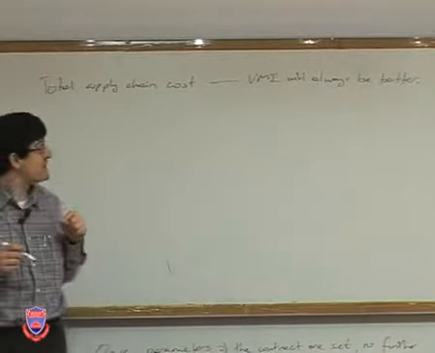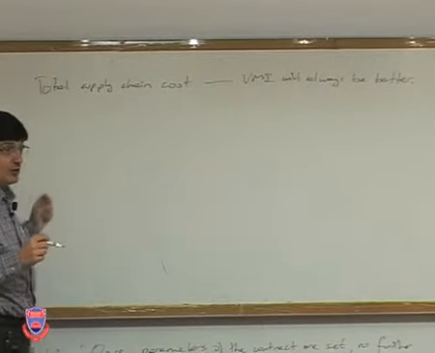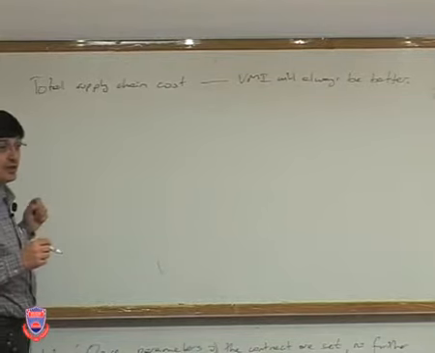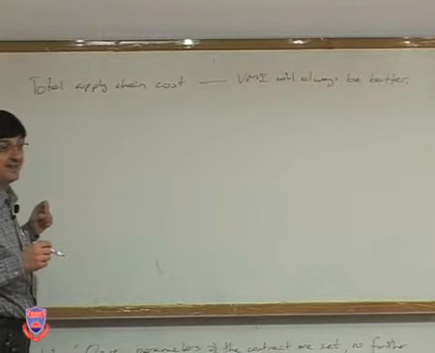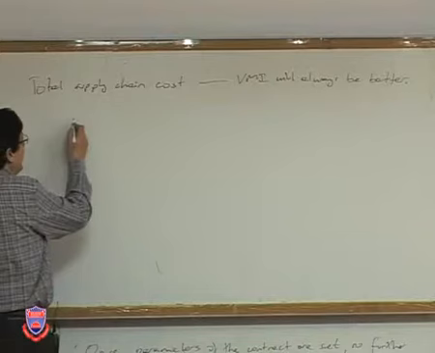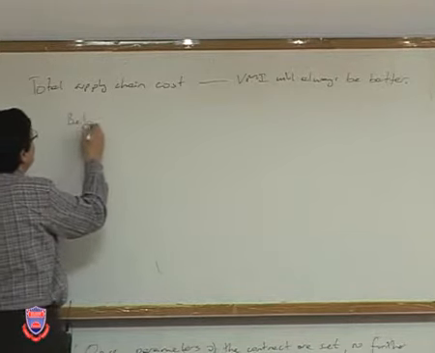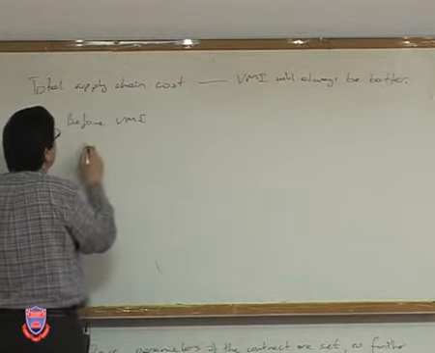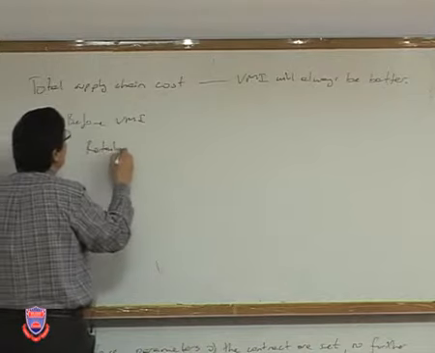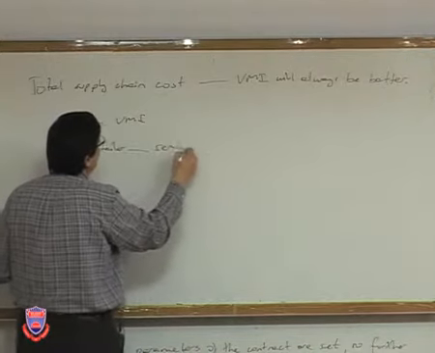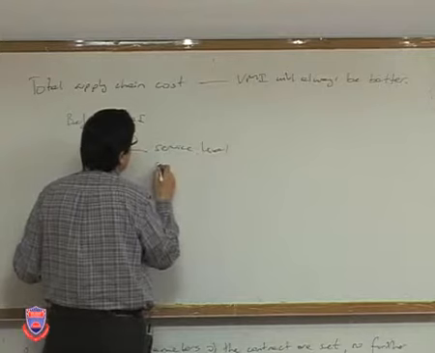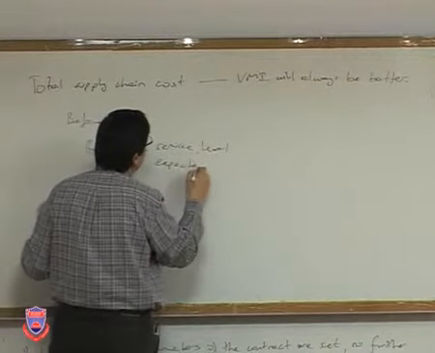But the problem is, of course, when you look at the individual costs, is it going to be like that? In other words, before VMI, the retailer had some kind of service level and some kind of expected total cost.